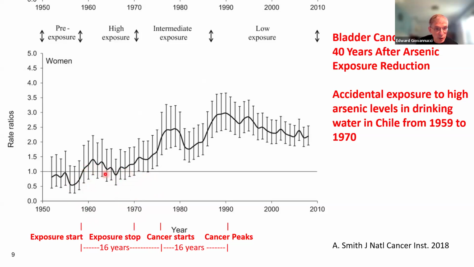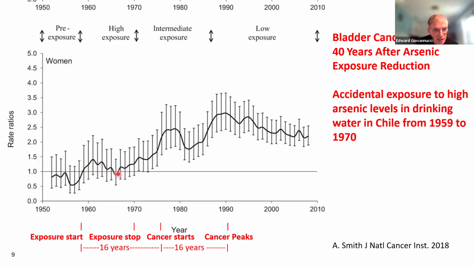So this is the time period of exposure. Over this time period, you can think that there was damage happening to cells in the body. In this case, looking at bladder cancer, you can see that cancer rates didn't go up right away.